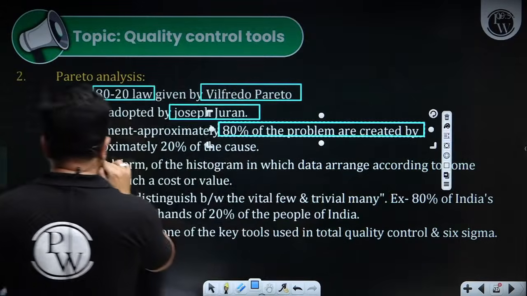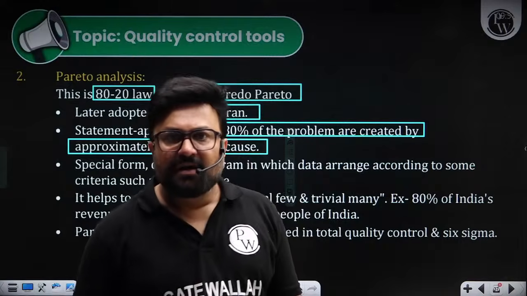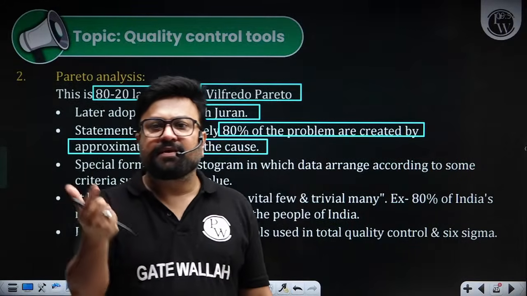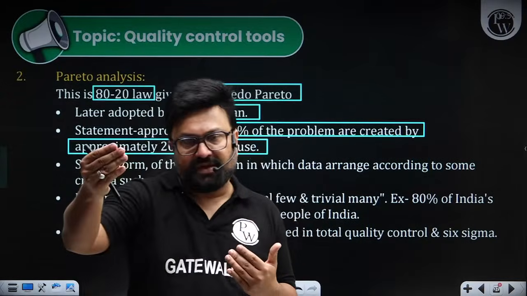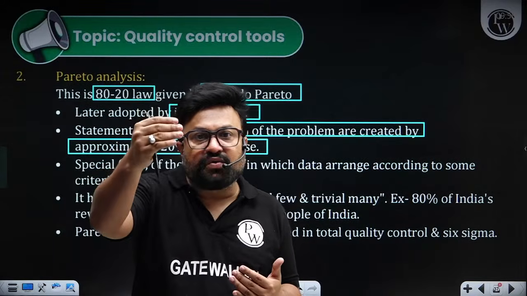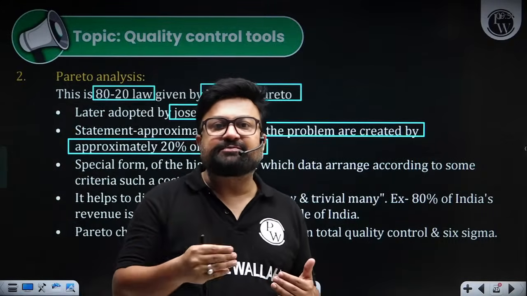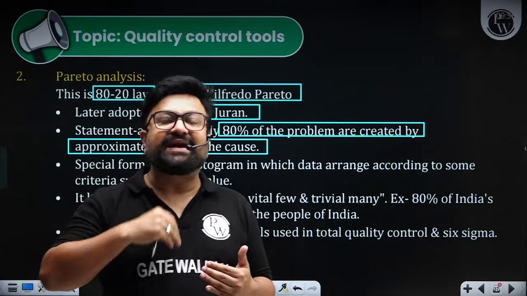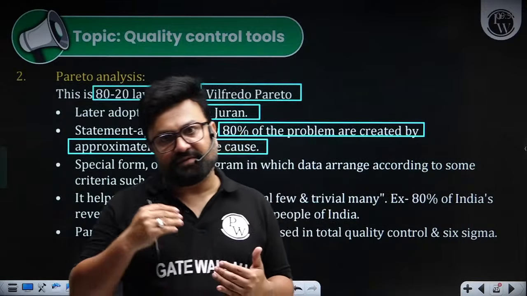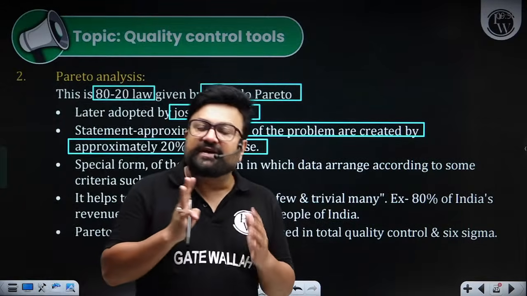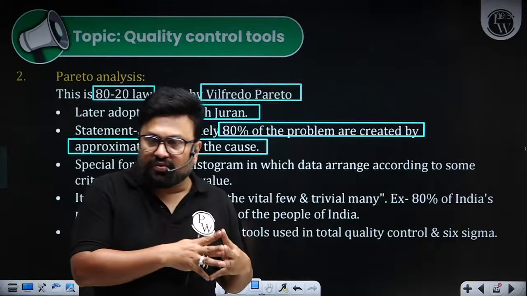So this is the statement of the 80-20 law or Pareto analysis. If you want to understand it with an example, you can say that 80% of India's revenue is in the hands of 20% of the people, right? The Pareto chart is one of the key tools used in quality control and Six Sigma.